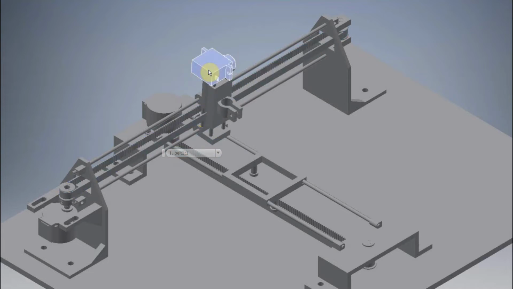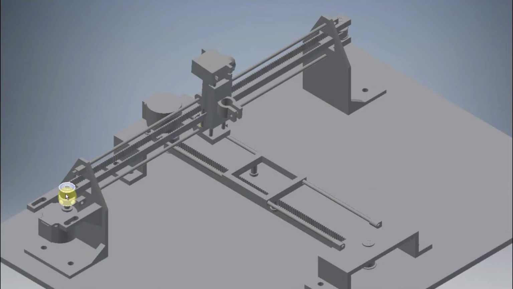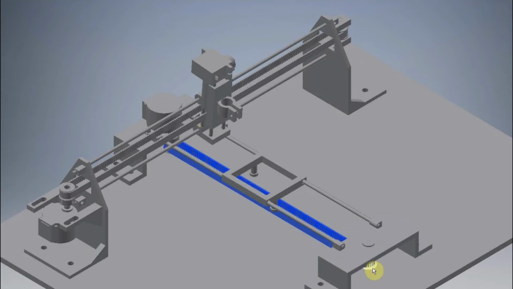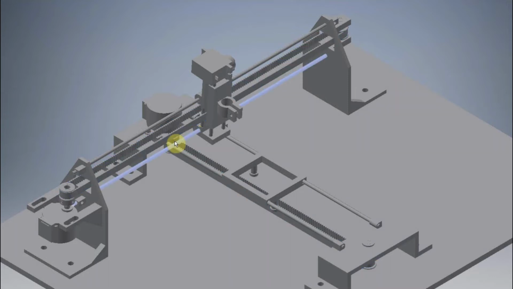The servo motor helps in lifting the pen or pencil up and down while drawing takes place. We have used 4 idler pulleys, 2 along the X direction and 2 along the Y direction. These idler pulleys help in providing the tension required for the belt.